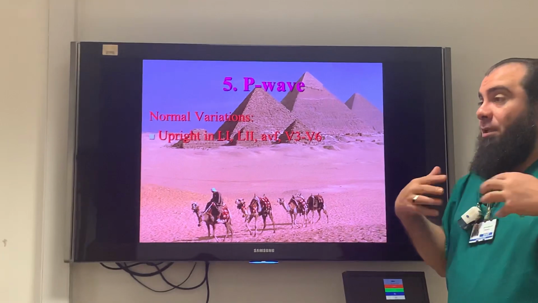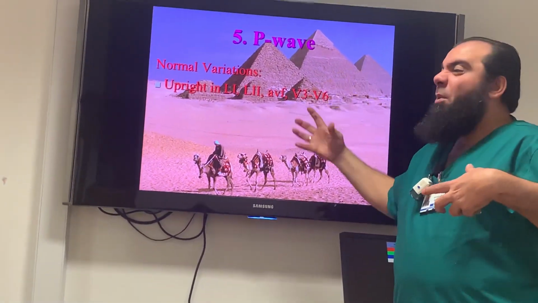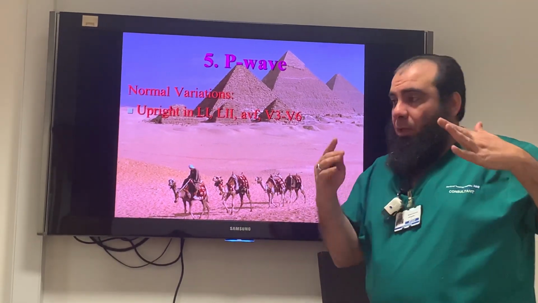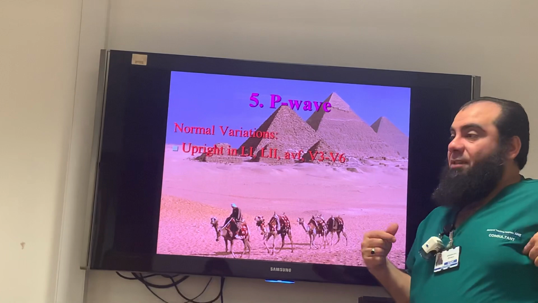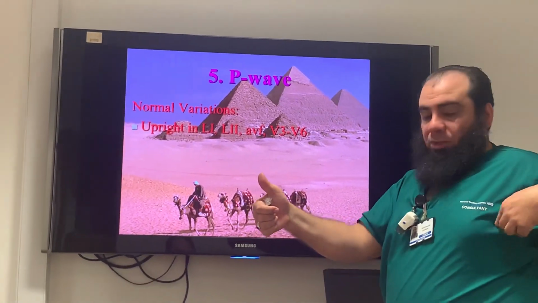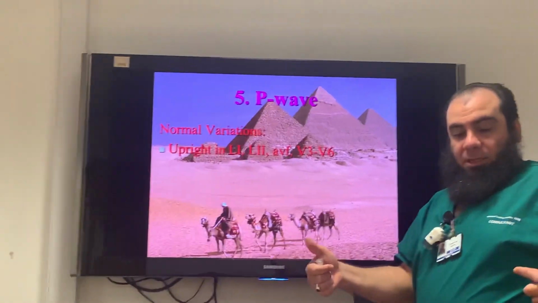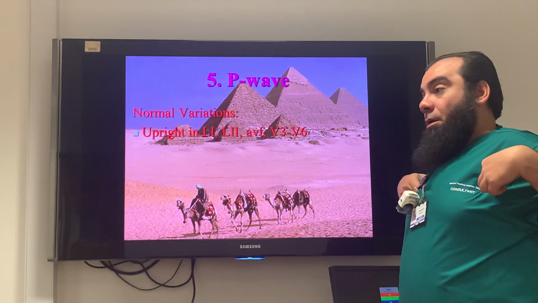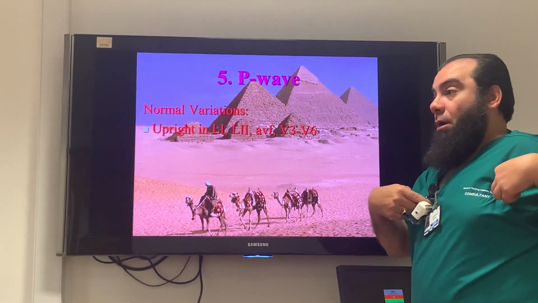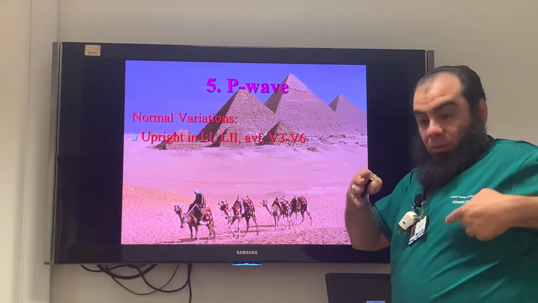Come back to the leads. I need you to understand, not just memorize. It's the same picture I showed you in axis. Lead 1 is there, we expect positive. Lead 2, we expect positive. AVF is looking from that side also, we expect positive. AVR, negative. V1, negative. V2, in between.